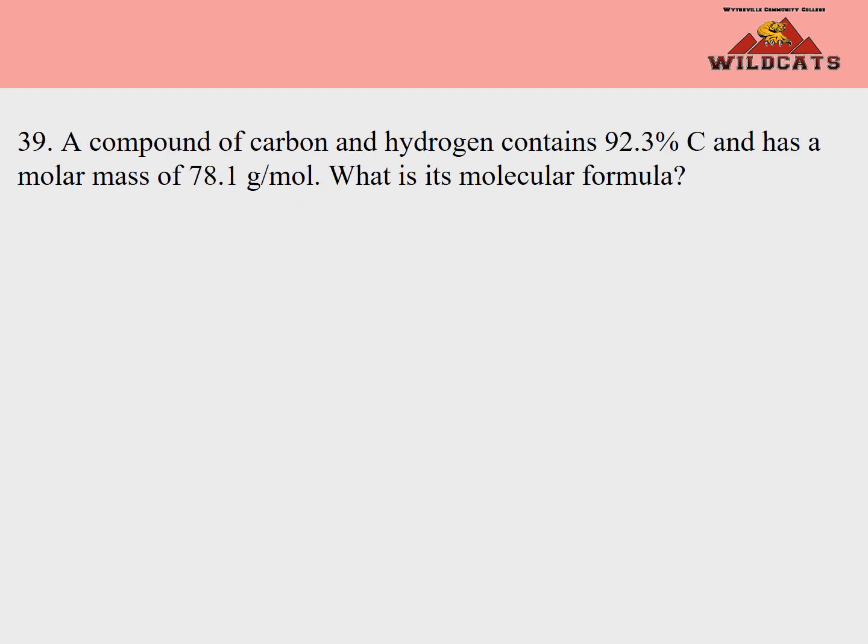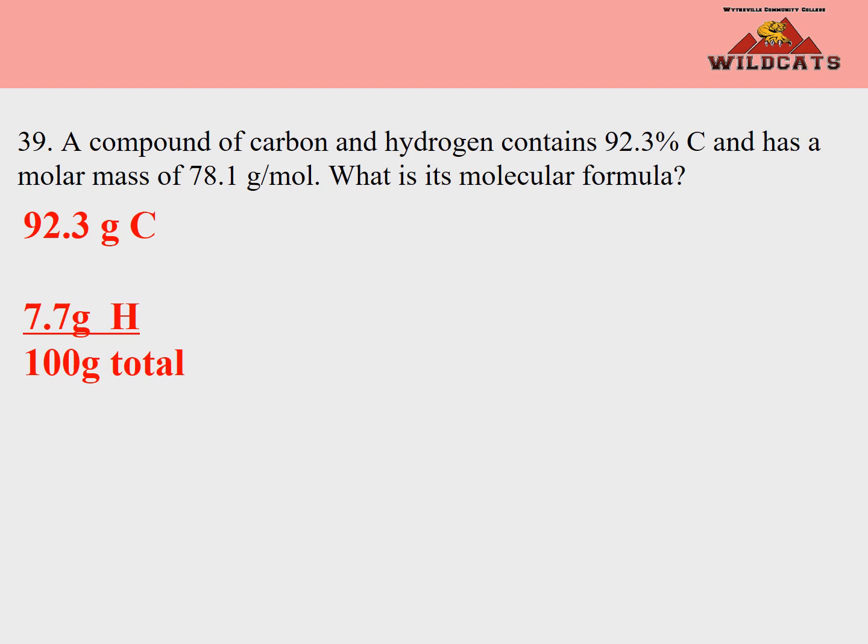We've got a compound of carbon and hydrogen, and we want to know what the molecular formula is, and 78.1 is the molar mass. This is getting a little bit tricky because it's only giving us the percent carbon, but the total percent should be 100%, or remember we took the percents to grams, so it should be a total of 100 grams.